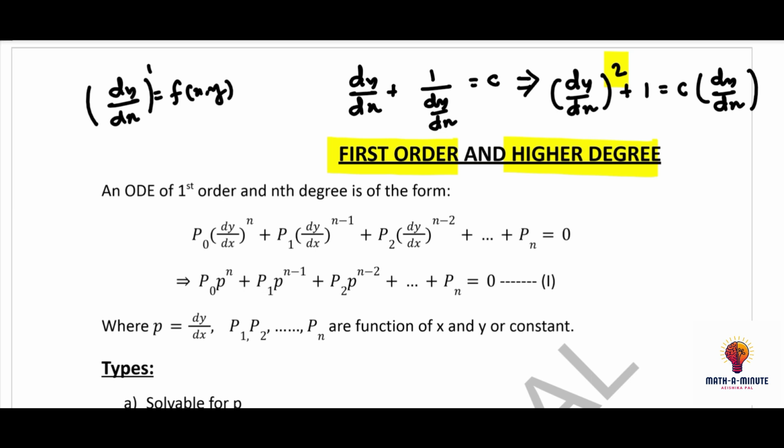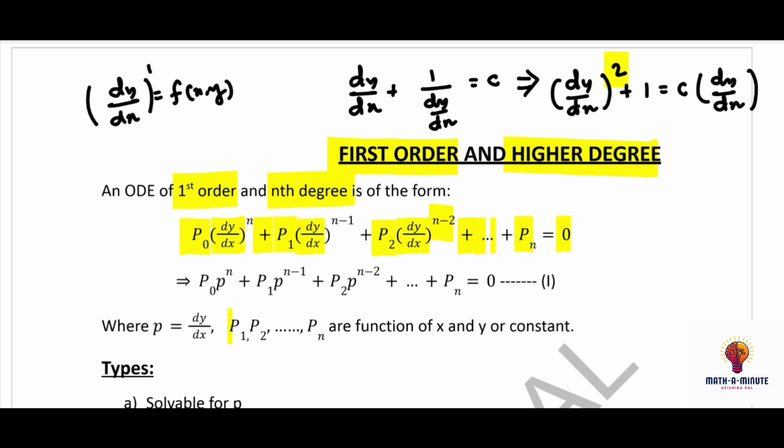The first order and nth degree differential equation can be written in the form P0 (dy/dx)^n plus P1 (dy/dx)^(n-1) plus P2 (dy/dx)^(n-2) and so on plus Pn equals 0.